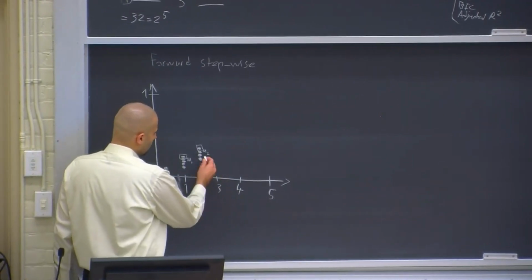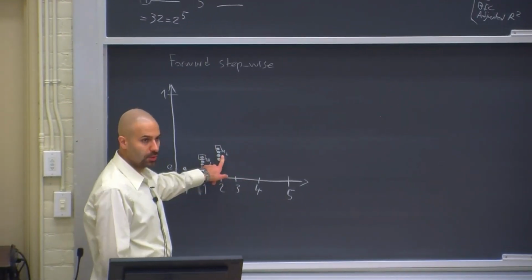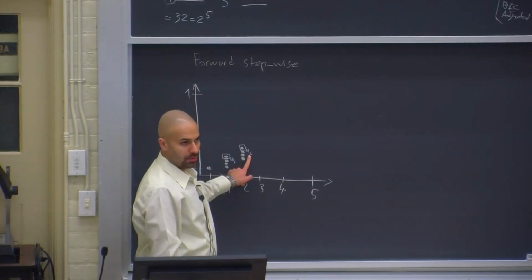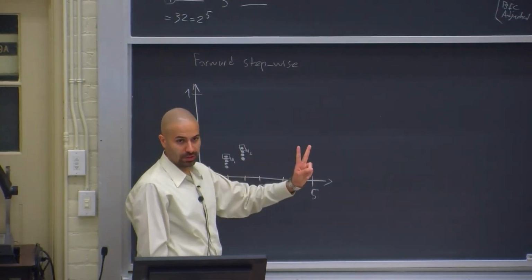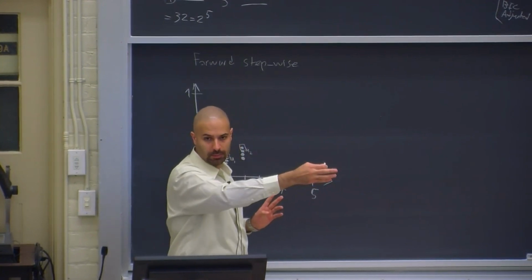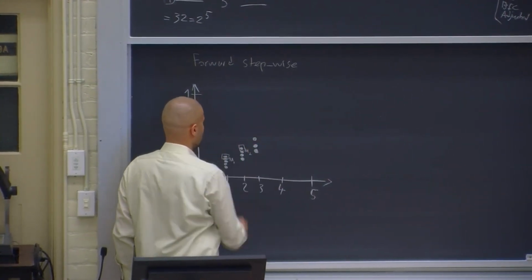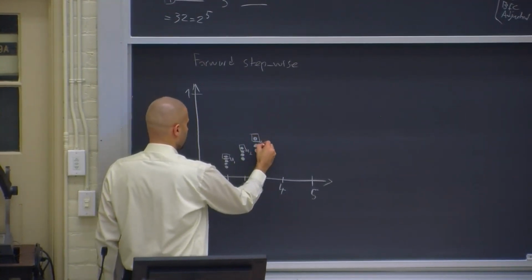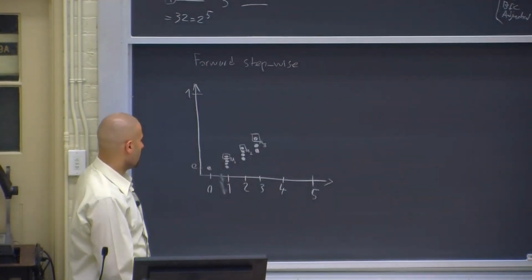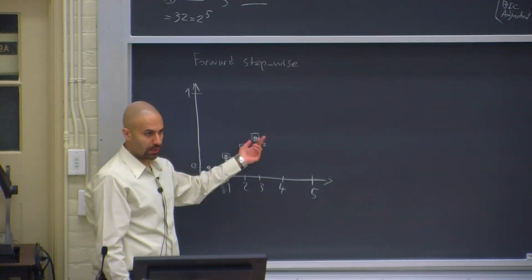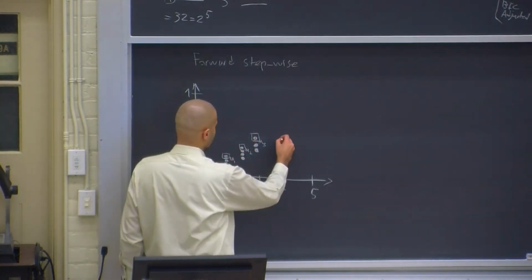Then for 3, now we have the model with 2 predictors. We call it M2. Now we're going to augment it by adding 1 more predictor to M2. How many different ways can we do that? We have already selected 2 predictors. There are 3 other predictors to choose from. So there are only 3 possibilities. We pick this, we call it M3. In the next step, there are 2 remaining predictors, and we add one of them to M3 that gives us the highest R squared.